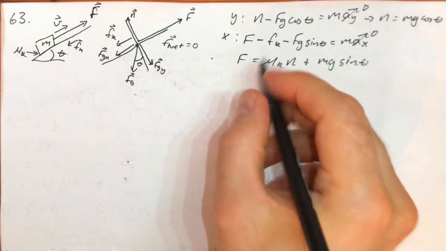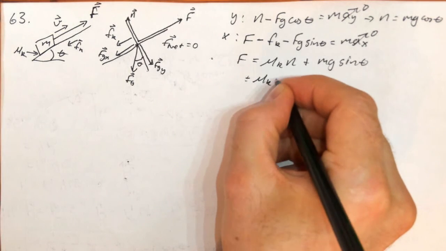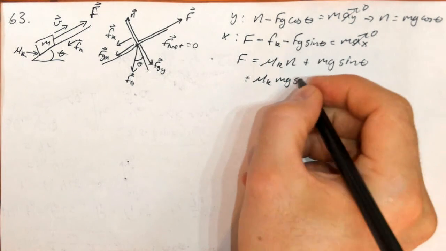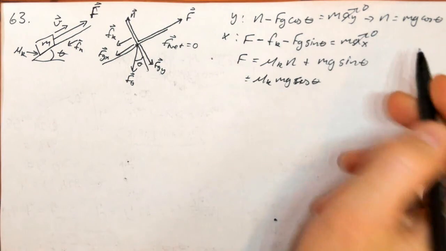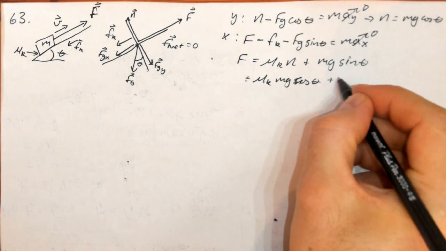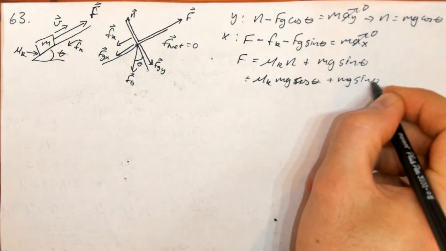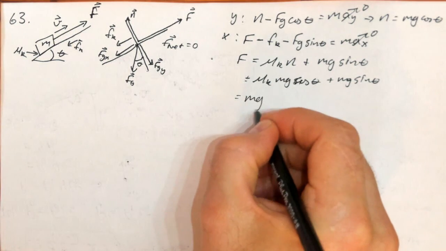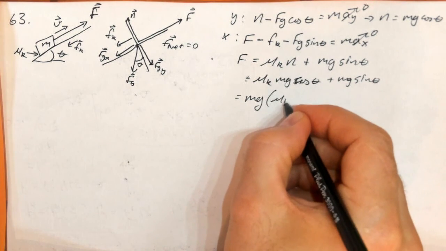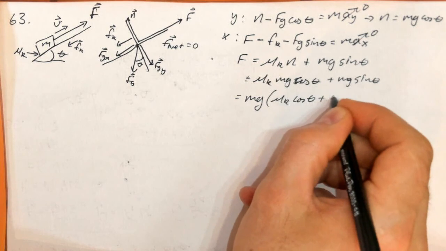Now plugging that in, we can write mu k mg cosine of theta, plugging the normal force in, plus mg sine of theta, and we can factor out that mg, and we get mg times mu k cosine of theta plus sine of theta.